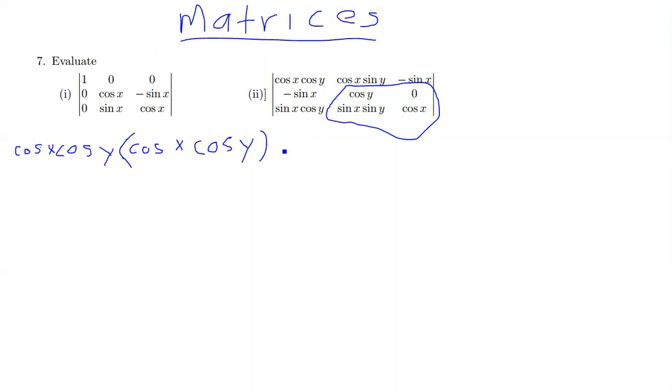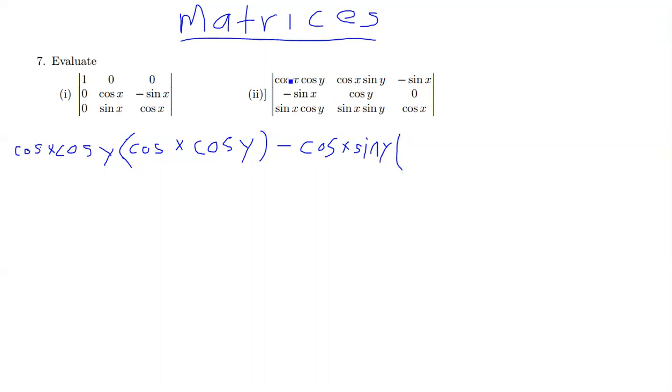Then we move on. We find the minor for the second part there. This one here. So we're going to have negative cos x sine y. You can write it there. Then find the minor for this.